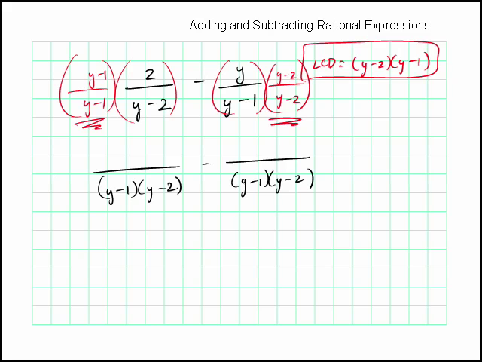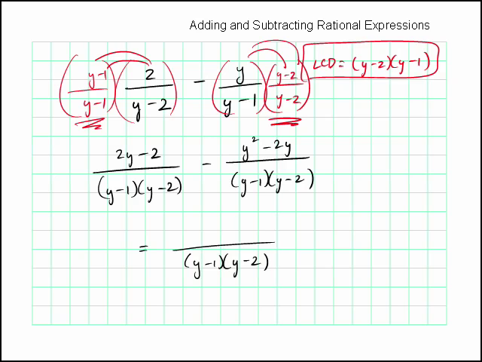Up here I have to distribute. This is 2y minus 2. Up here we have y squared minus 2y. I have my common denominator. I can now combine this into one fraction. We've got a negative y squared. Remember to distribute the negative sign. Negative y squared.